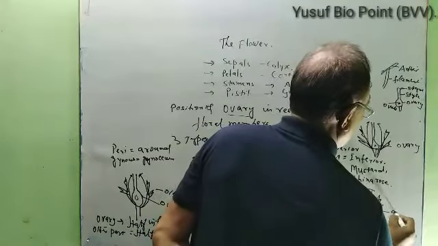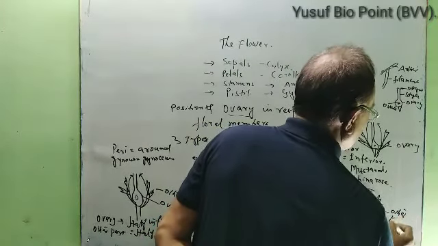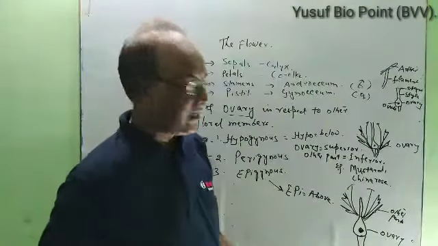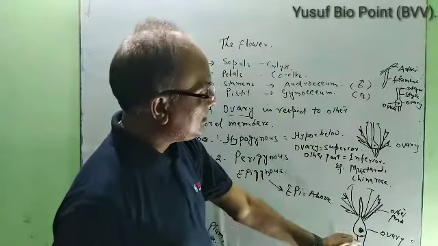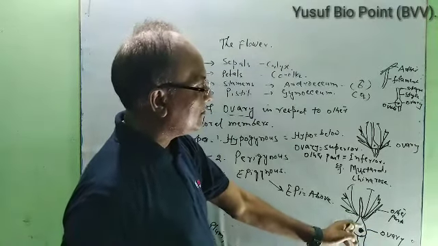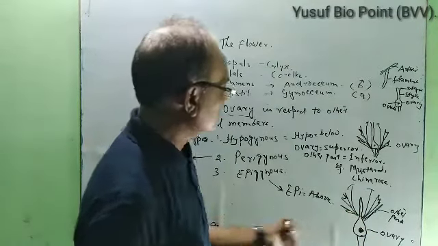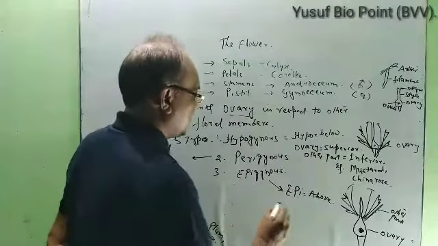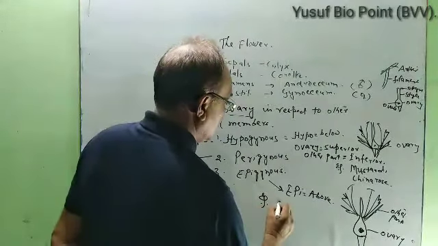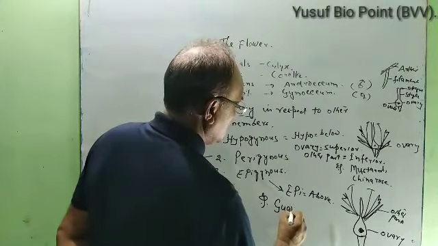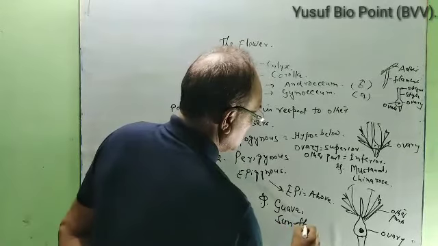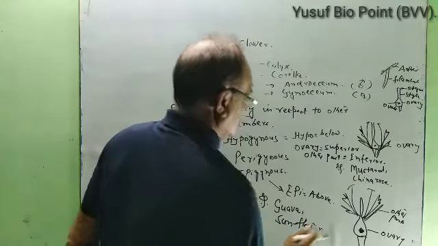These are the other parts, that is sepals, petals and stamens, and you see all parts are developed above the ovary, so that is known as epigynous, means above gynoecium. Examples: guava, sunflower.